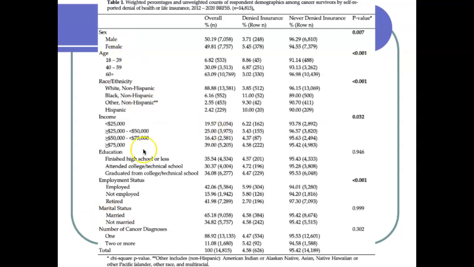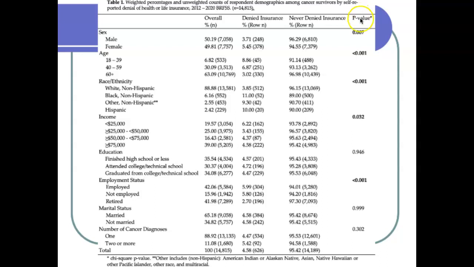You can see the demographic variables that we looked at listed here, those characteristics. And what you can see is that we displayed those characteristics by those who were denied insurance, so those who have the outcome of interest. And then we also displayed those who did not have the outcome of interest, which are those who were never denied insurance.